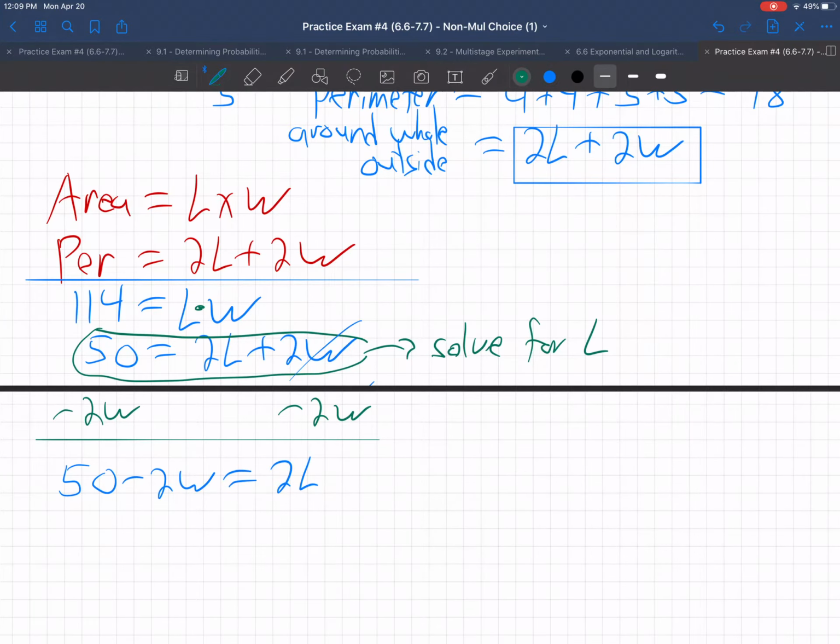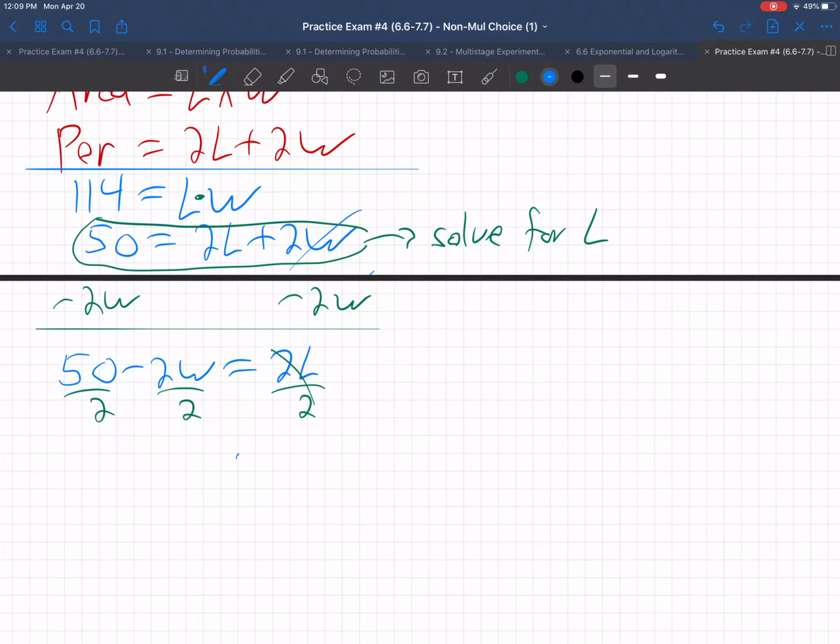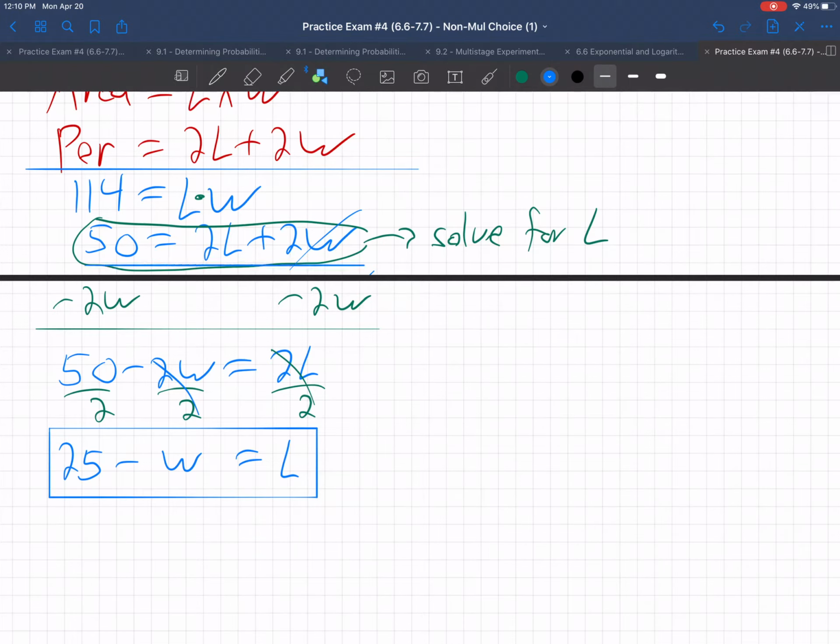How do you solve for L now? Divide through by 2. So L is 25 minus W. So I've got my hands on L. L is 25 minus W. See how there's no fractions? It's better to use this equation first and then the other one so we don't have fractions.